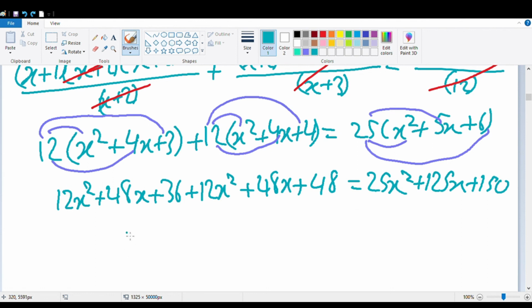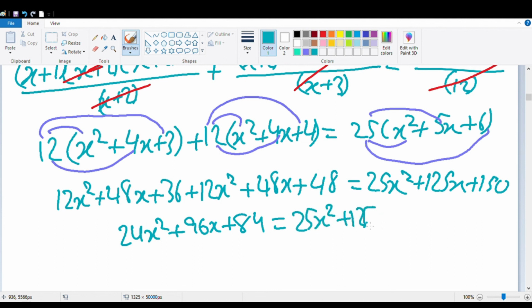So we're going to get 24x squared plus 96x plus 84 is equal to 25x squared plus 125x plus 150.